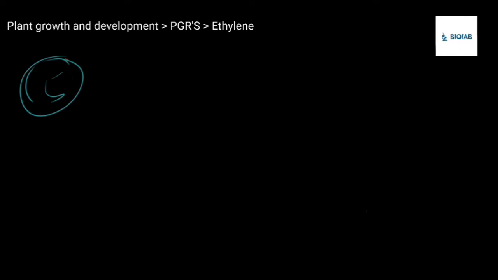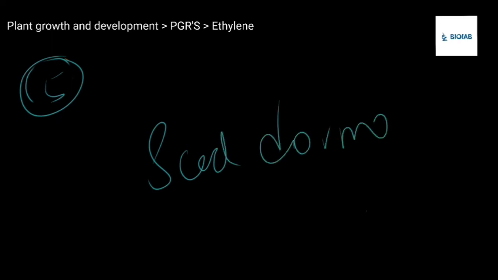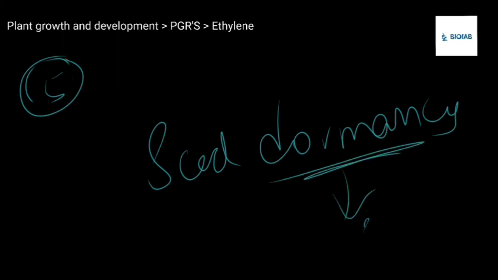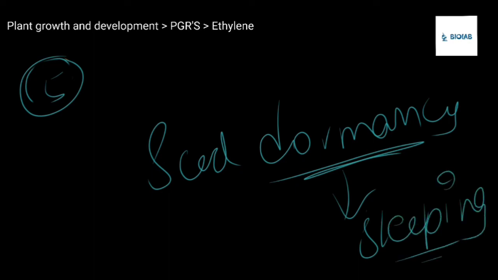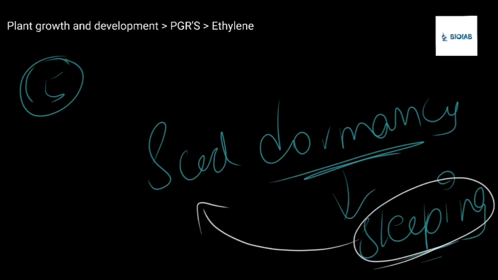It breaks bud and seed dormancy. A new word again. Dormancy. Seed dormancy. What is seed dormancy? Dormancy is sleeping, which you and I like, and seed also likes sleeping. These seeds, irrespective of the favorable conditions that they have, undergo dormancy, means they will not germinate.